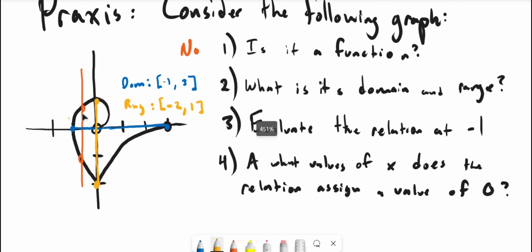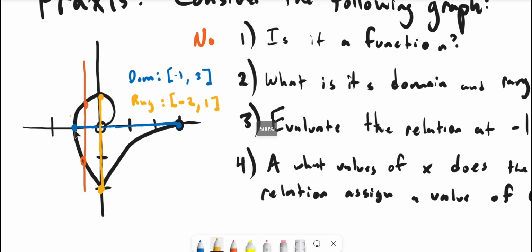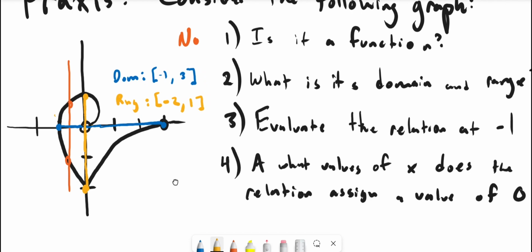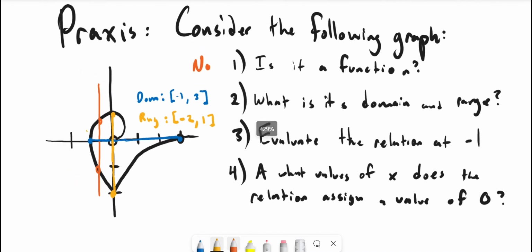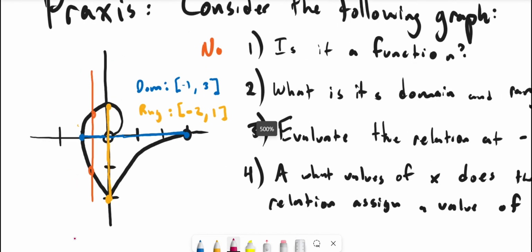Evaluating means what is the value of the graph in its y position when my x value is -1. That's what it means when we say evaluate here. So what is that? Well, when x is -1, my point here is at 0. So the relation is 0 when x is -1. You know, this right here is the point.